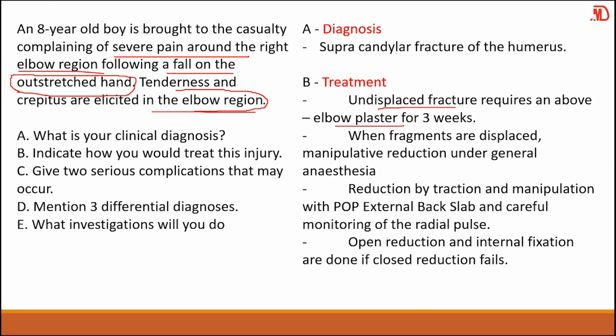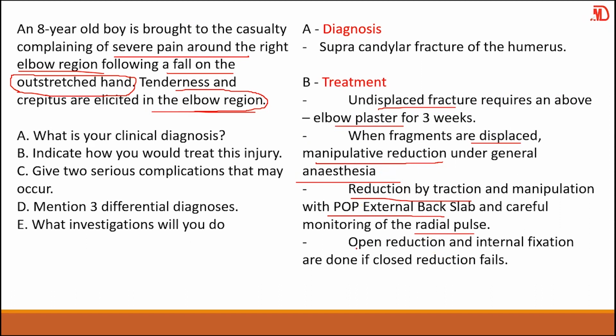Then when fragments are displaced, you can do a manipulative reduction under general anesthesia. We can also do a reduction by traction and manipulation with POP external back slab, and of course, careful monitoring of the radial pulse.